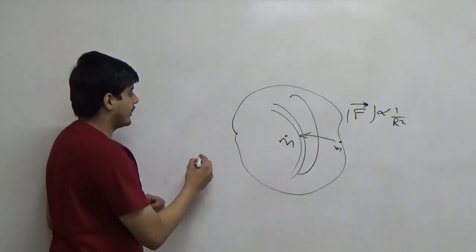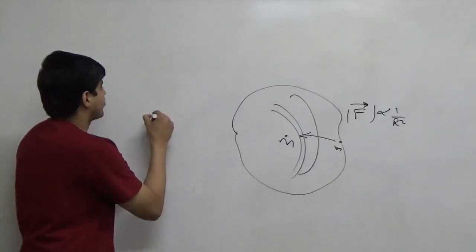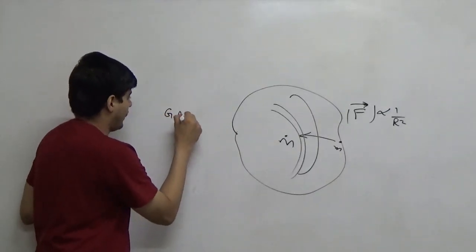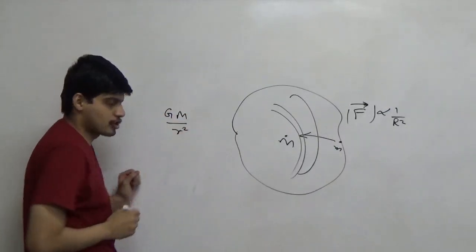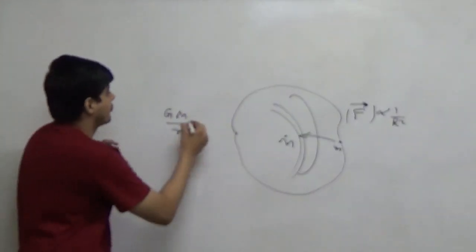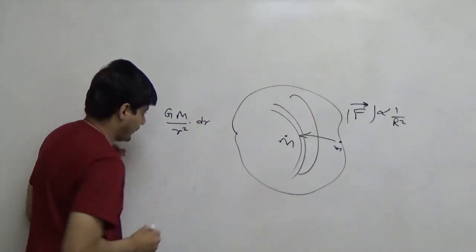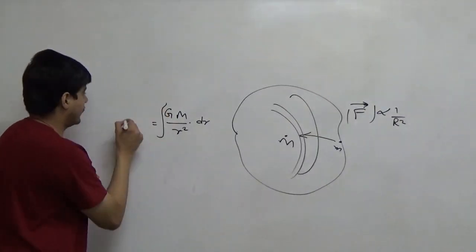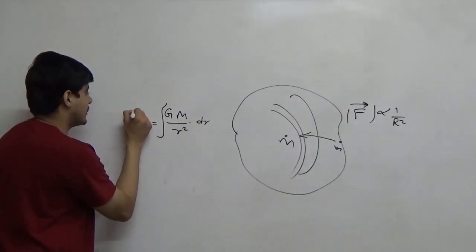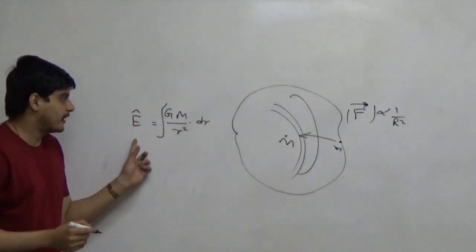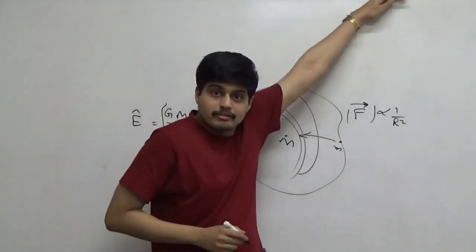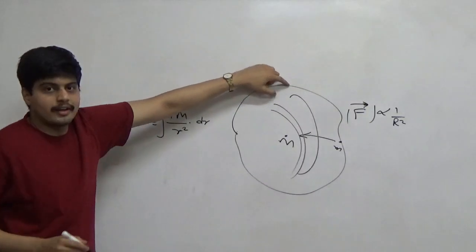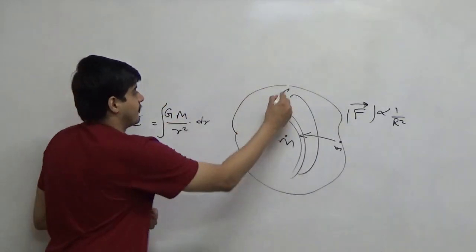I want to integrate this property. So Gm upon r square, that's the magnitude, into dr, right? This integral is something called E. The integral of force field from infinity till a particular distance of r.